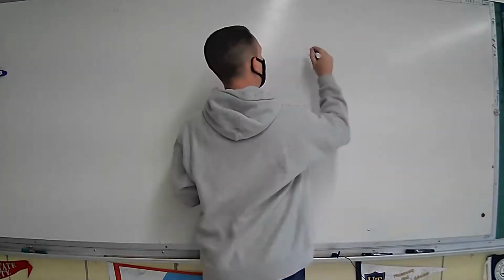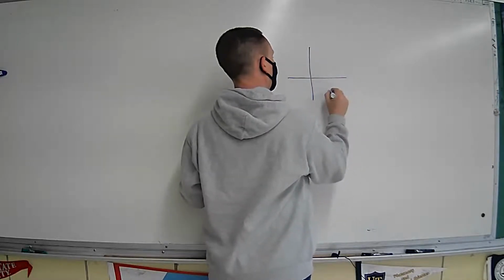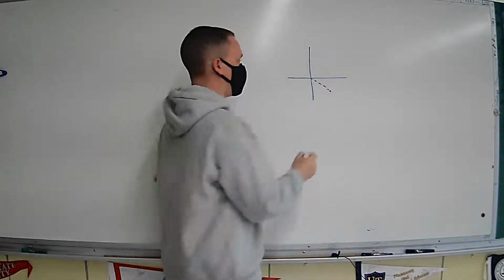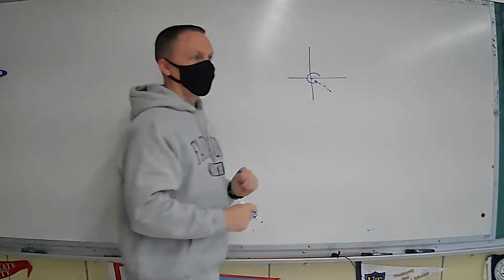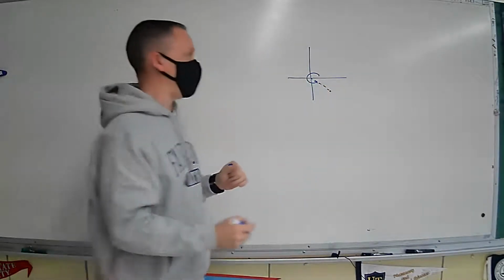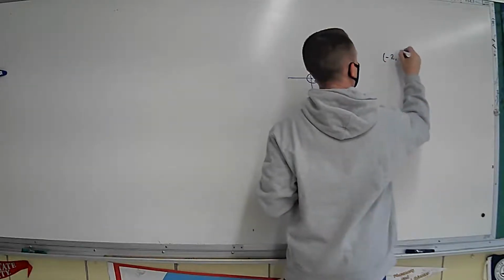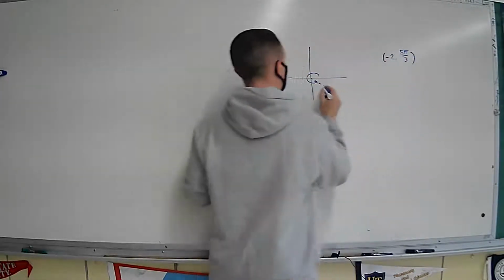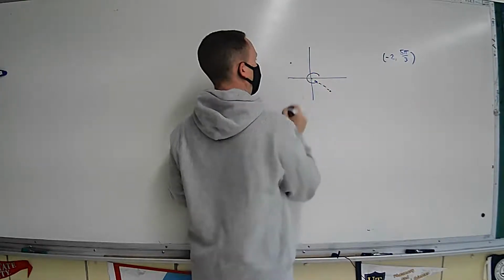The fourth. Okay? If your angle is in the fourth quadrant, but your R is negative, that means the point that we're describing is in the opposite quadrant. So that would be in the second. So 5 pi over 3 is in the fourth, but -2, 5 pi over 3 would be back there.